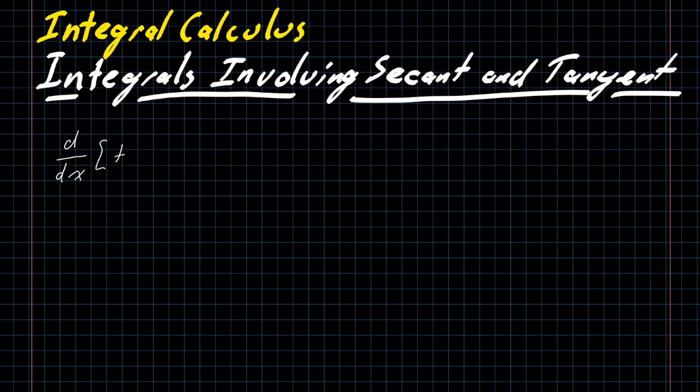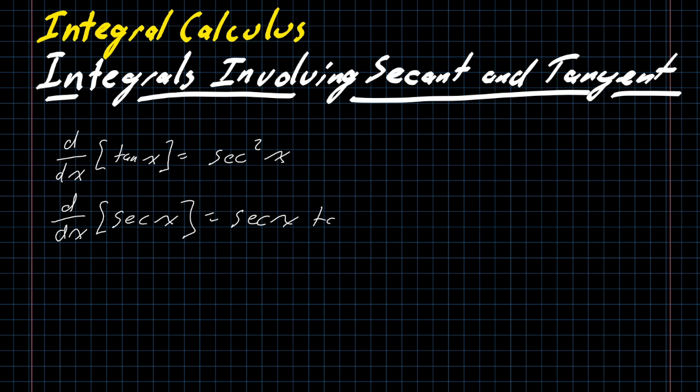Remember that the derivative of tangent of x is secant squared x, and the derivative of secant of x is secant of x times tangent of x. So, when we are trying to rewrite things, we're looking for a leftover factor of secant squared, or a leftover factor of secant times tangent.